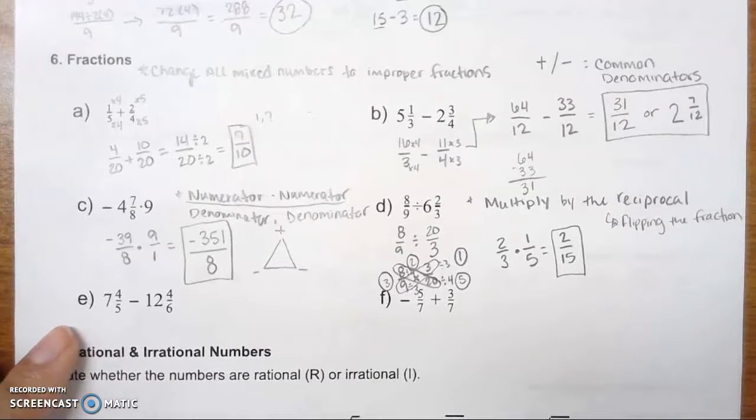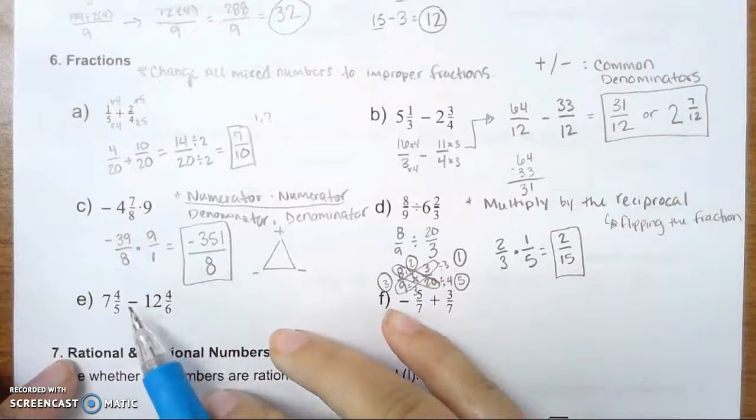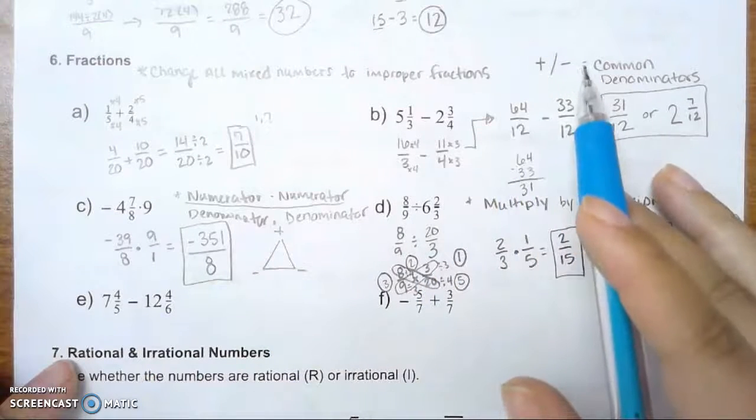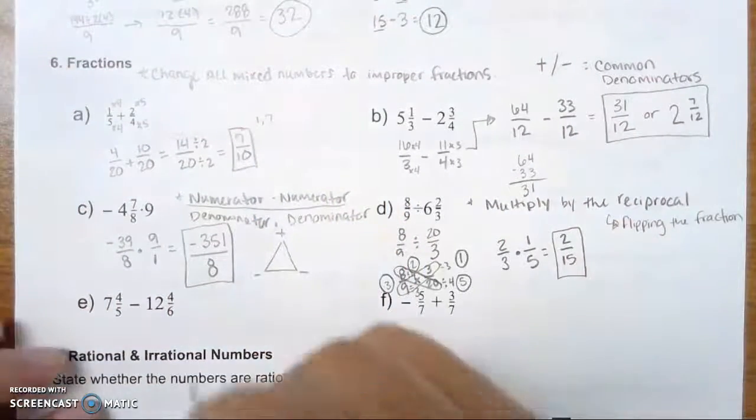E, 7 4/5 minus 12 4/6. We are subtracting fractions. Therefore, we need to get common denominators. The first thing we do is change all mixed numbers to improper fractions.